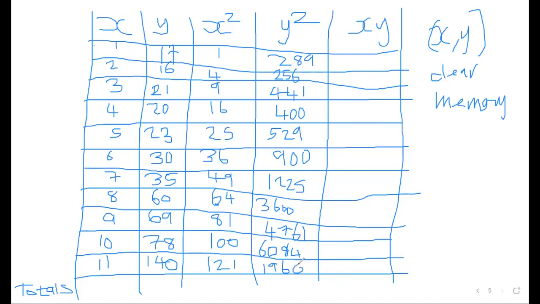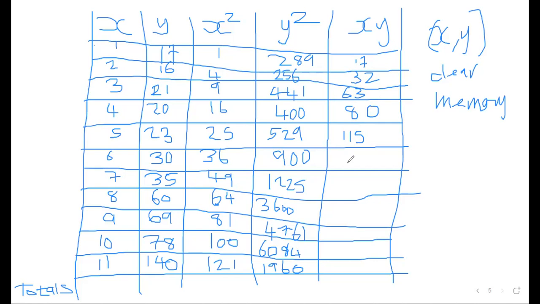Then getting down to the last one, the XY is 17. 16 by 2 is 32. 21 by 3 is 63. Then this is 80. 23 by 5 is 115.